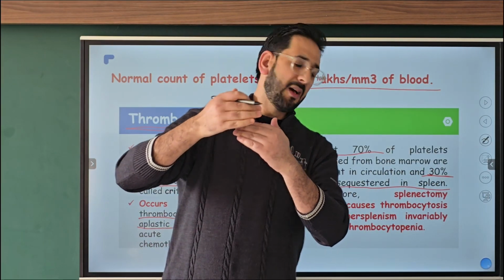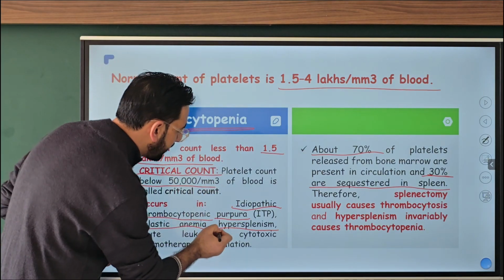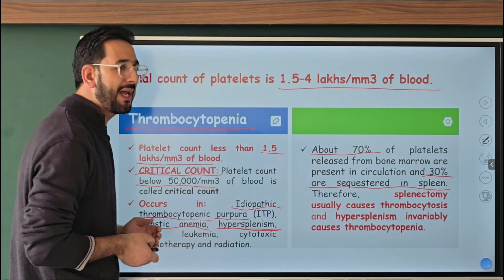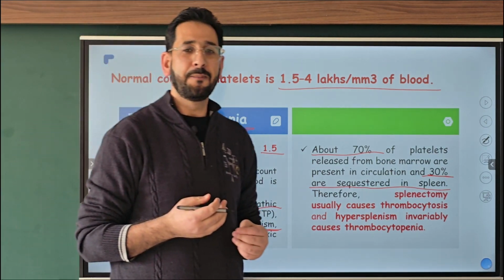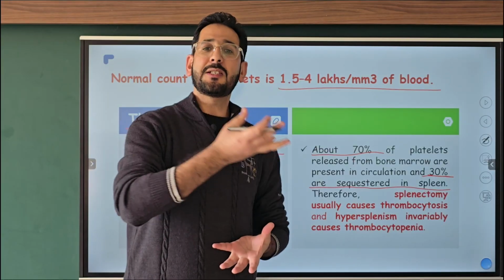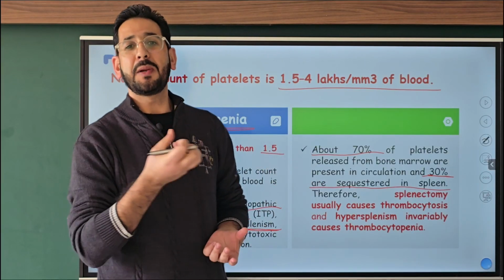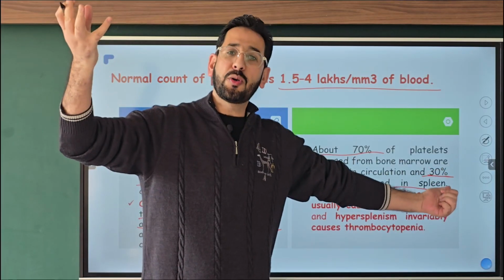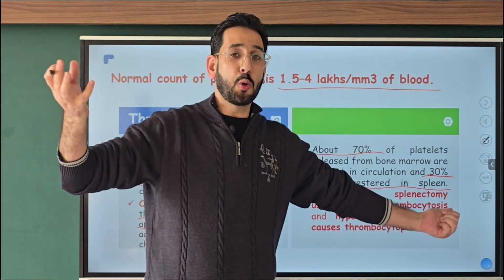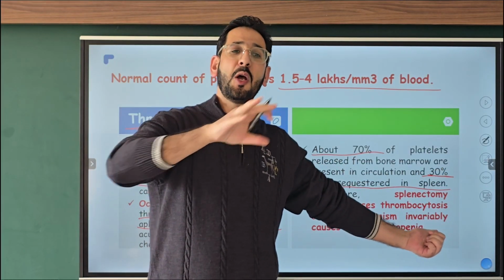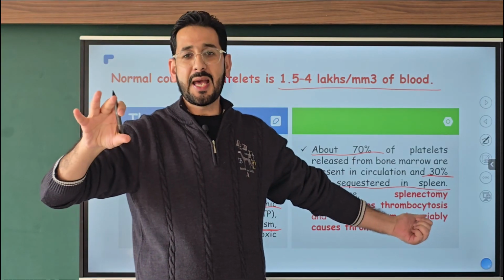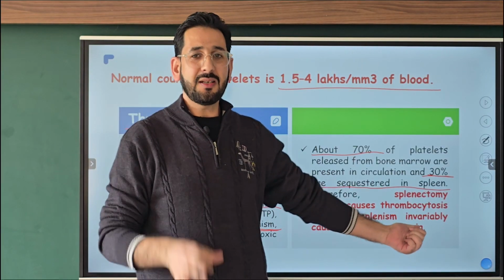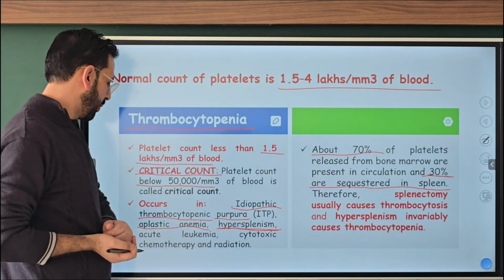And if there is hypersplenism, for example splenomegaly, there is enlargement of the spleen, the spleen will store more and more platelets, more than 30%. In some cases it can go up to 90% of the platelets getting stored in the spleen. So what will happen? The circulating platelets here, that number will decrease and that will be thrombocytopenia.